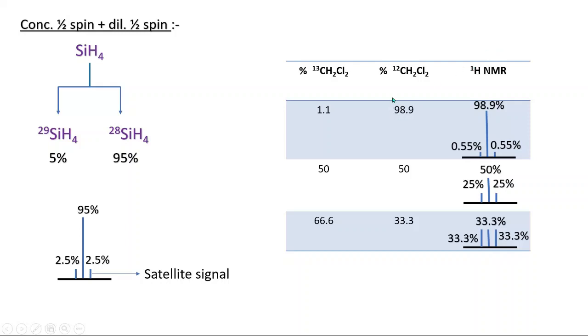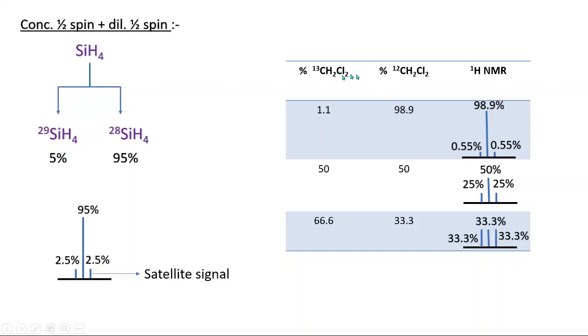If you see this 98.9% molecule, the carbon 12 is NMR inactive, so the 2 hydrogens will give only one singlet, that will be 98.9%, because this molecule consists of 98.9%.